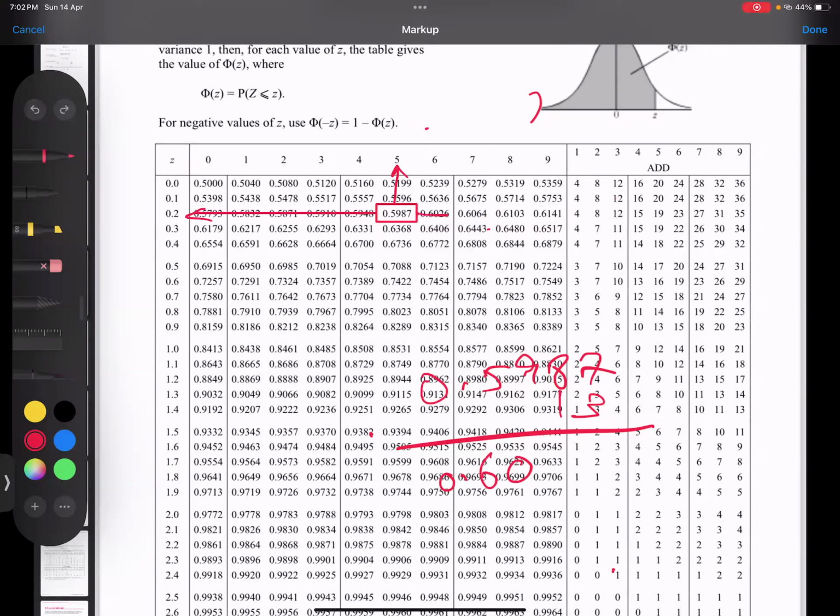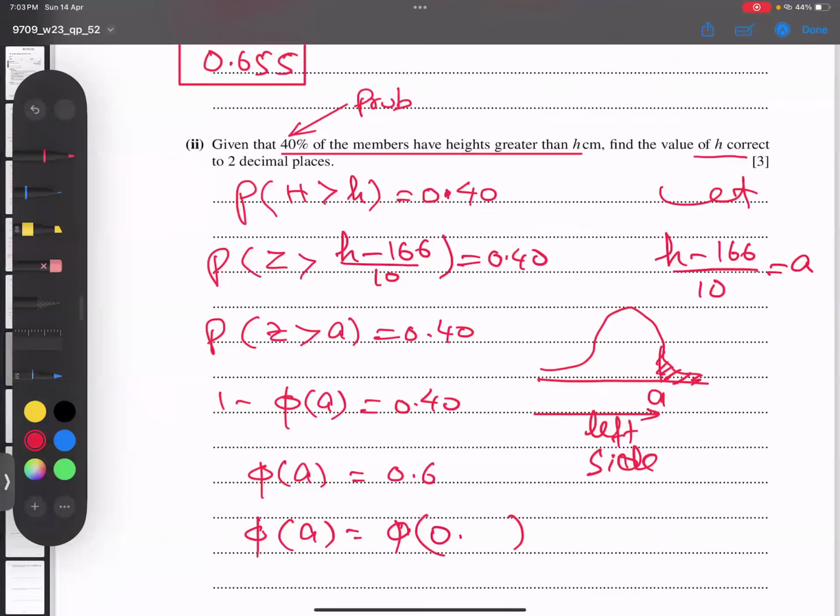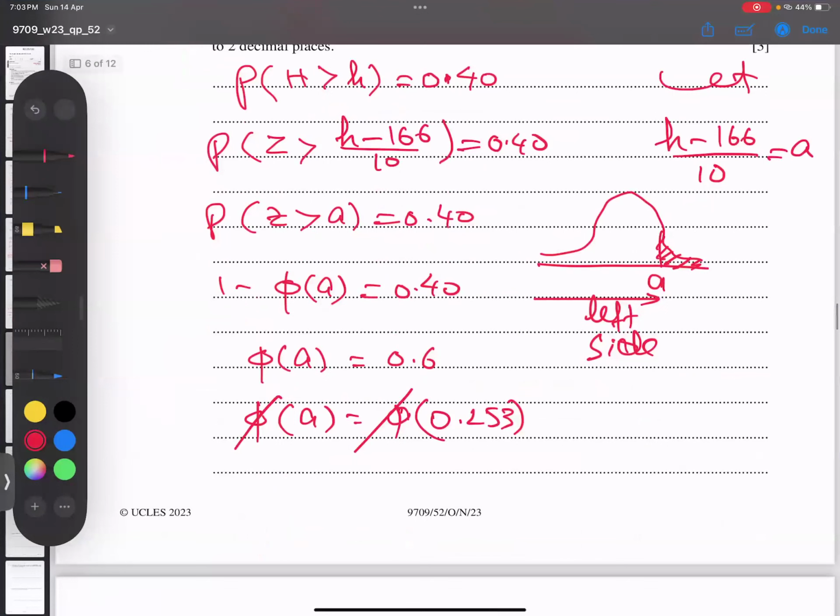So I will take this 12, and it comes from 3. So from here 0.2, 5 and 3. So it means this is equal to phi of 0.253. I believe you got the point of how I got phi of 0.253. So phi cancels from both sides, and this A value I will plug in there.